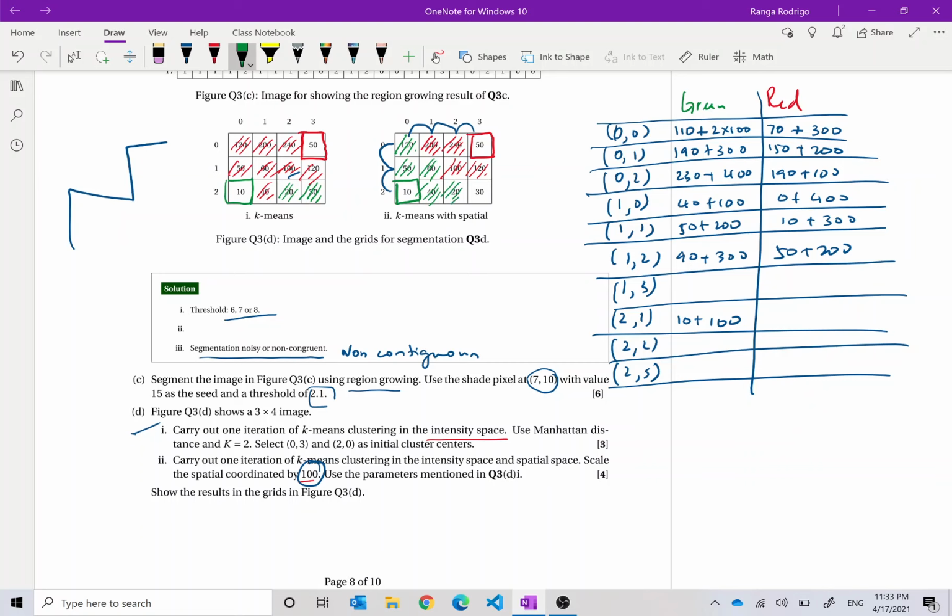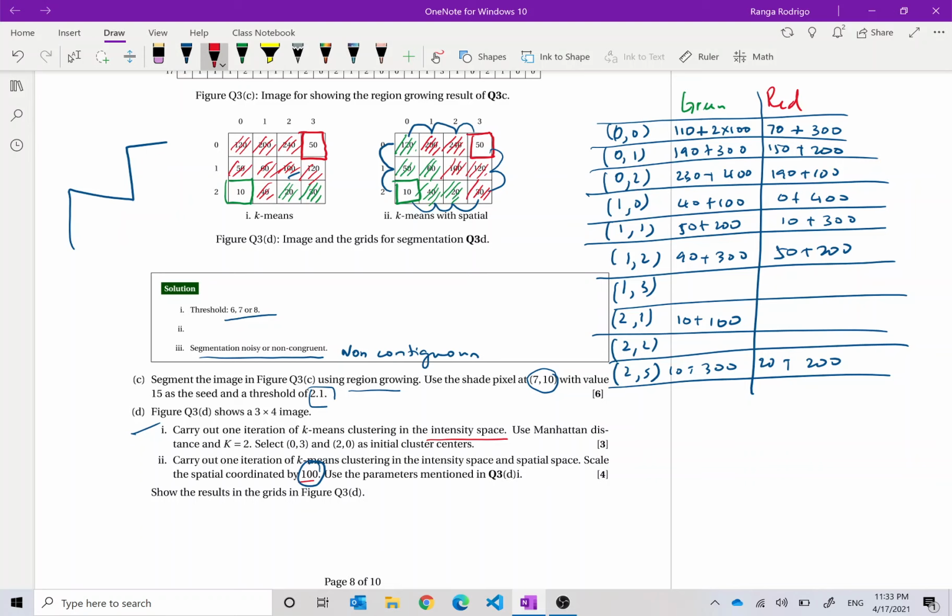This will also be green, and this will be the last one. Let's write 2,3, that would be 10 plus 1, 2, 3, 300. This one, 20 plus 1, 2, 200, so that becomes red.